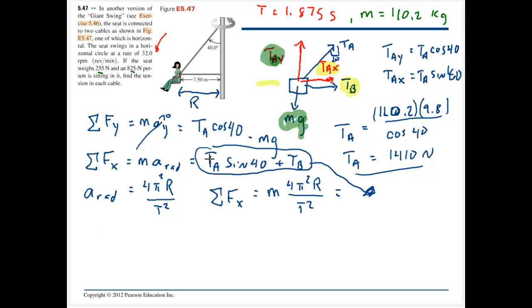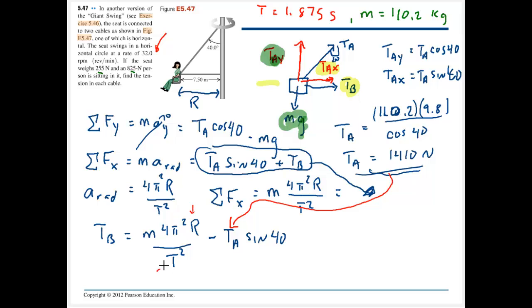So I simply subtract tension A sine 40 from both sides, and I end up with tension B equal to the mass times 4 pi squared radius divided by the period squared. Gotta be careful with the T's, minus tension A sine 40. I already calculated what tension A is, so I can plug that in right over here.